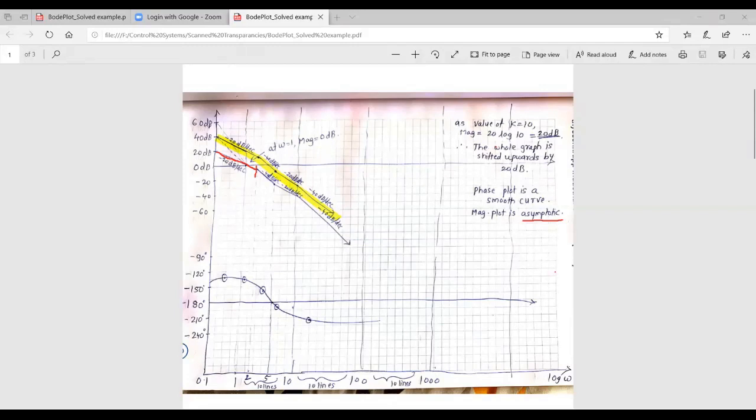After doing so, the next thing is we need to calculate gain margin and phase margin from the magnitude plot and phase plot. I hope drawing this is clear with you all. Now the next thing is how to calculate gain margin and phase margin from the magnitude plot and phase plot.